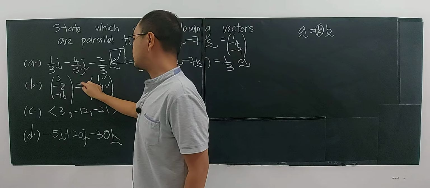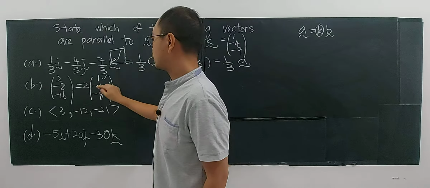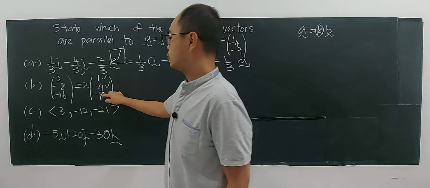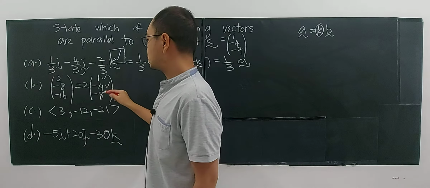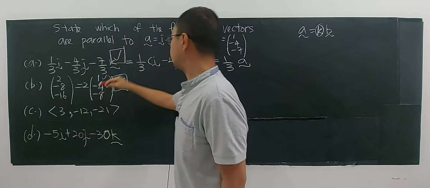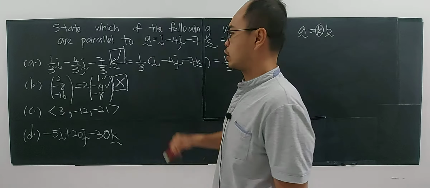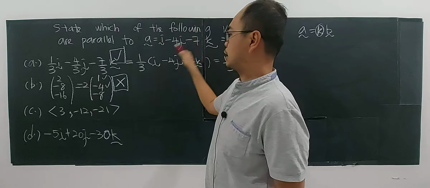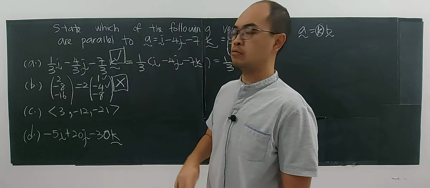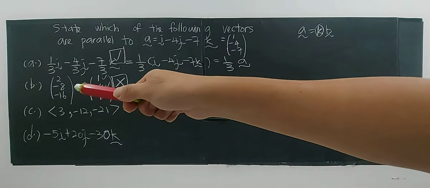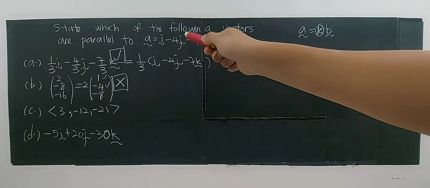You cannot rewrite this as 2A, because I minus 4j, but this is -8. So this shows that it's not a vector parallel to this A, because I cannot rewrite this as a scalar of this vector. So this vector 2, -8, 16, -6 is not parallel to this vector.